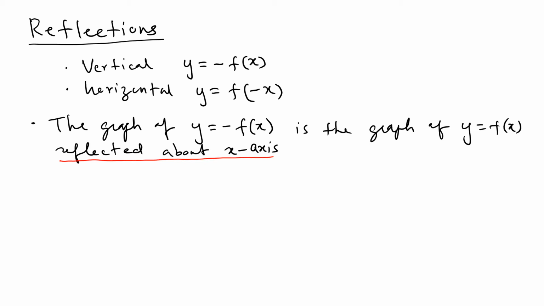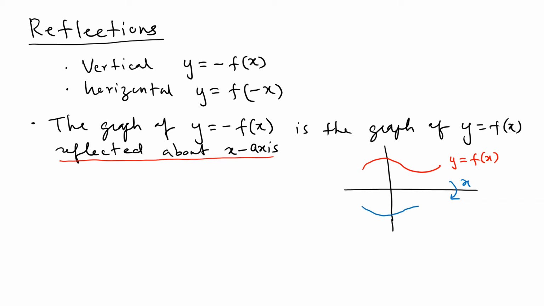If you look at the situation, what happens? Let's say we have a graph like that, and this is your original graph, y equals f of x. In the negative, we negate the values. So it's just going to reflect about the x-axis, and you get the mirror image.